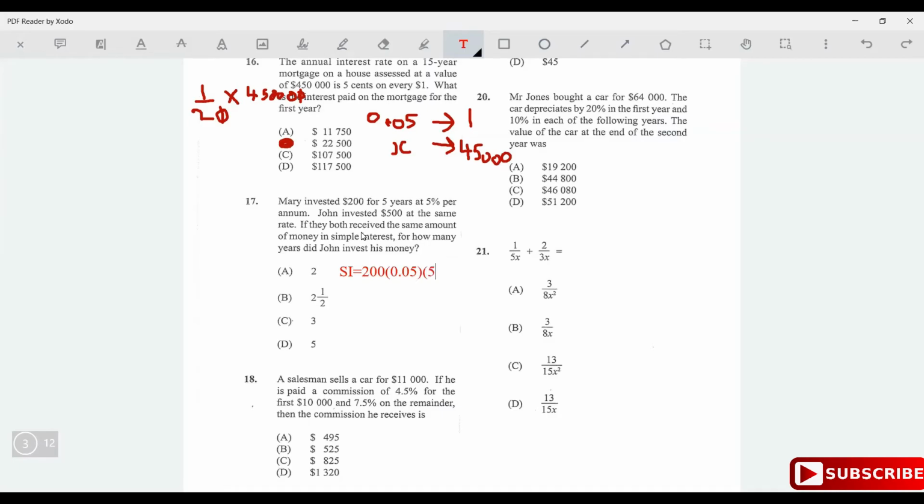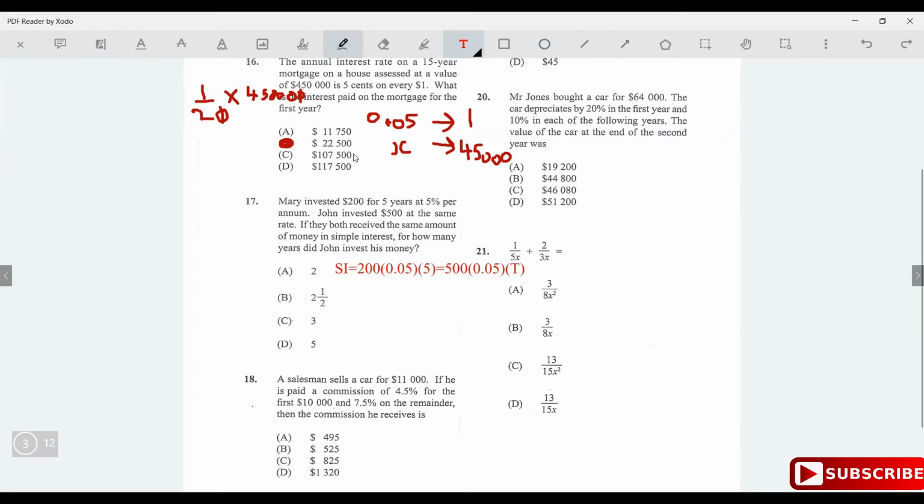And that's going to be equal to John's investment, which is 500, at the same rate of 0.05, times how many years he invested. We don't know. Let's call it T. Because both of them have the same simple interest, we could equate them.